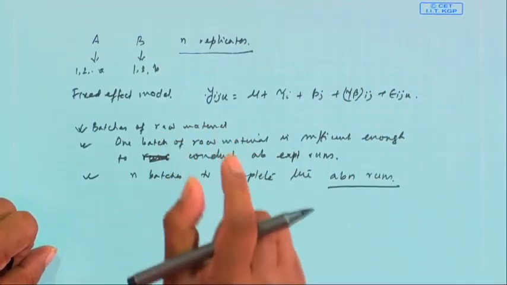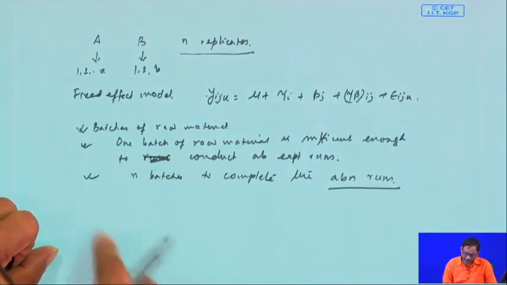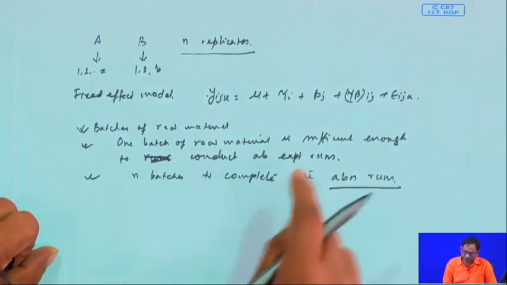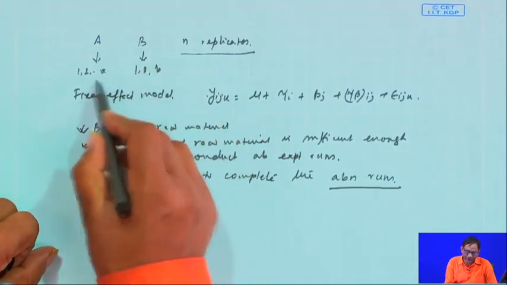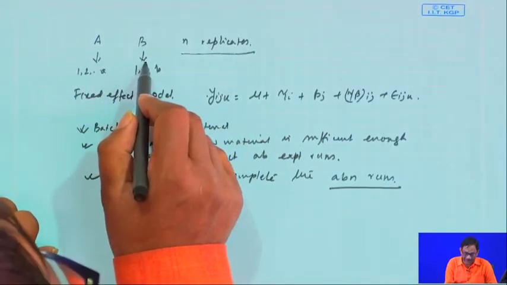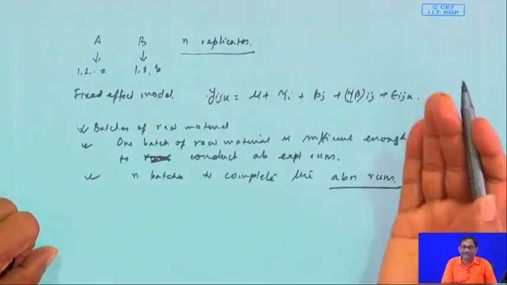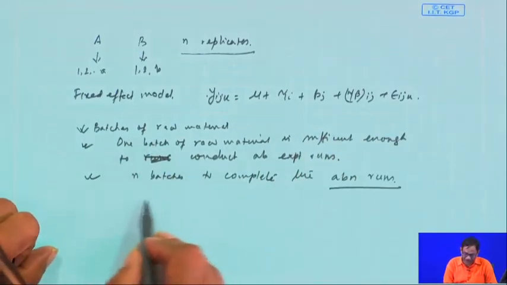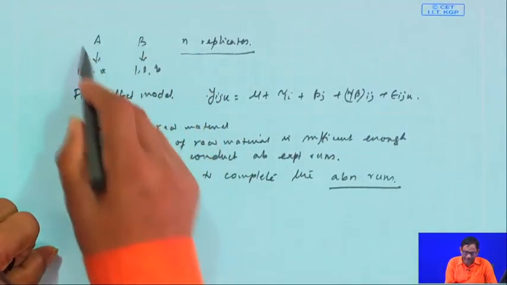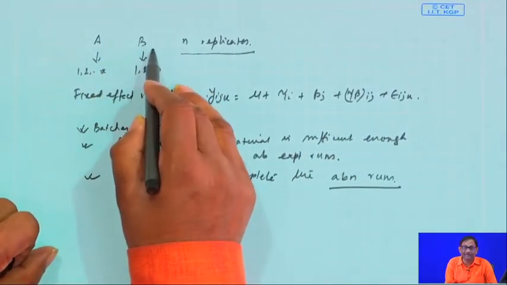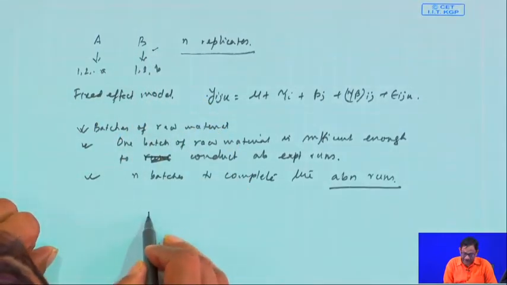Every batch of raw material will be used to do ab experimental runs, so within a full factorial design involving A and B, you are having a single replicate.